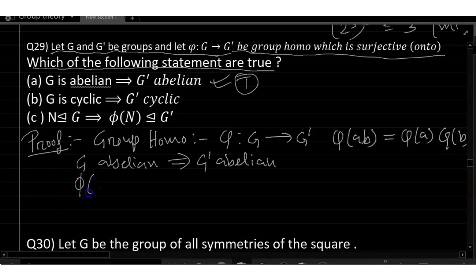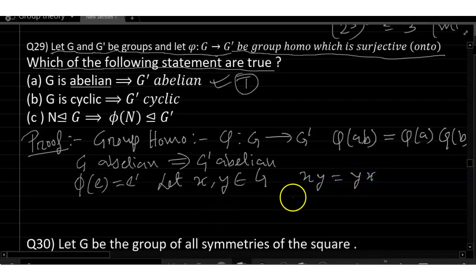Phi of e is equal to e dash, an abelian group. Let x, y belong to G, then xy equals yx as it is an abelian group.